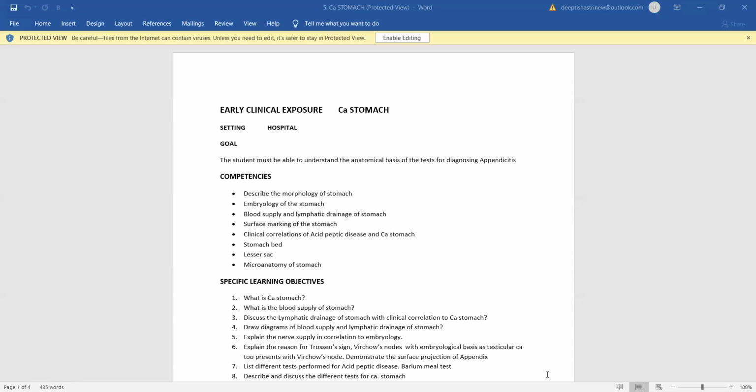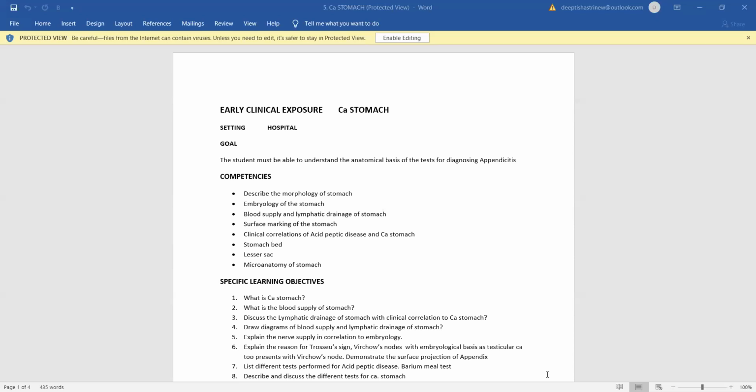Yes, ma'am, even I agree. With the 10 sessions of ECE, we are not planning to expose the first year students to all sorts of clinical cases. That is just impossible. It is just an exposure to the clinical settings. They will have another 10 in physiology and another 10 in biochemistry.